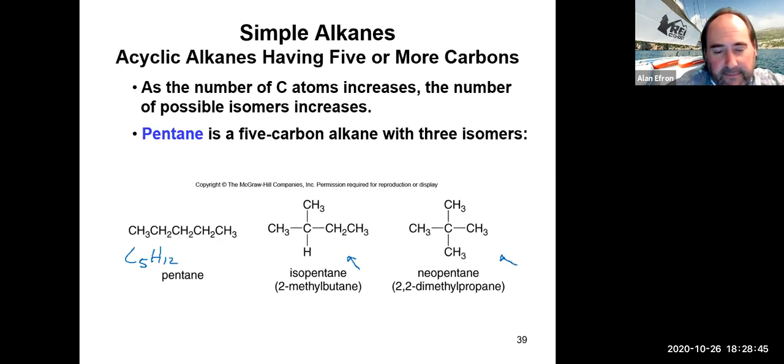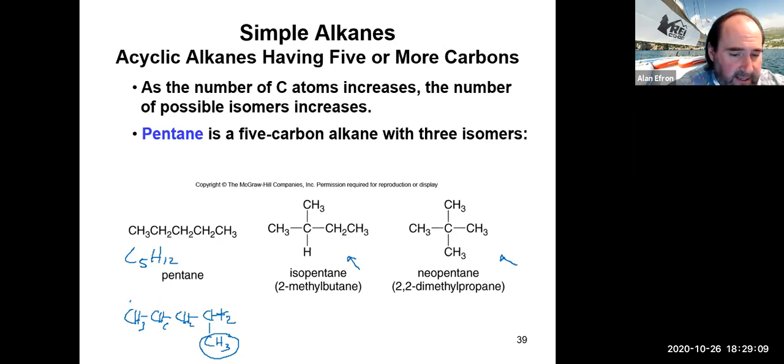And sometimes when people try to draw, say, pentane as an isomer, they'll draw something like this, and go, well, this is definitely an isomer. See, it's going down. But if we follow our rules for counting the longest continuous carbon chain, 1 carbon, 2 carbons, 3 carbons, 4 carbons, and 5 carbons all in a row, it's continuous. This is still pentane. Even though you drew it down, it is still pentane. It is not an isomer.